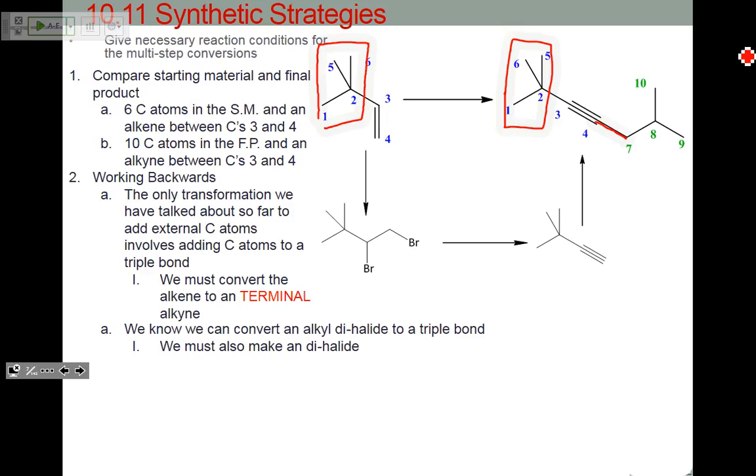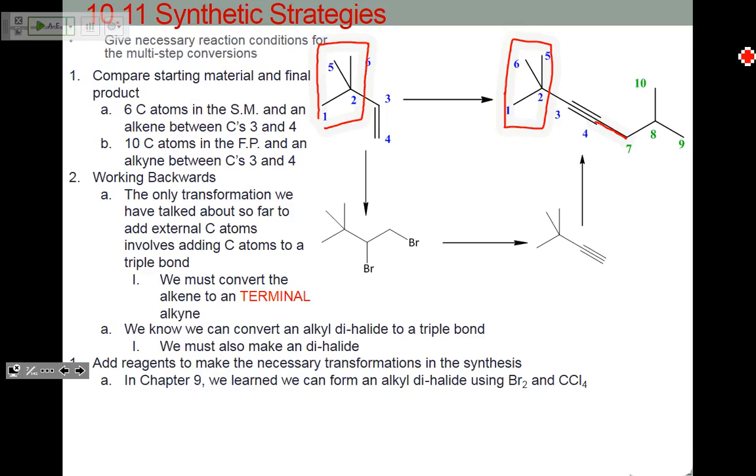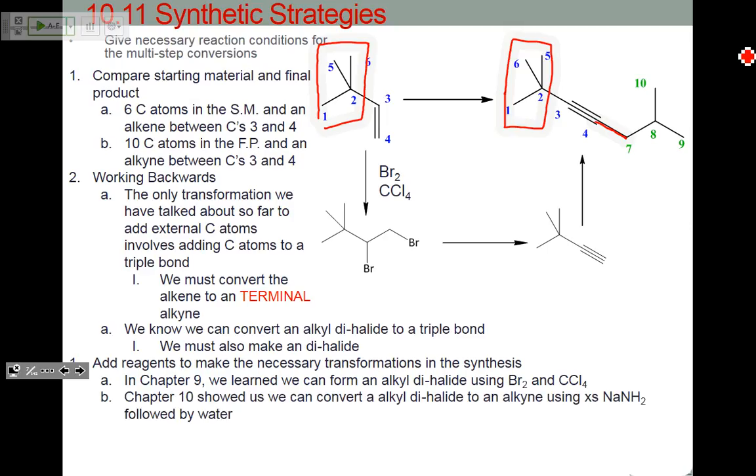So putting in our reagents, we can get to our Br2 compound by reacting Br2, and usually we use a non-nucleophilic solvent like carbon tetrachloride. And now we have our 2 leaving groups, and we have 2 beta hydrogens. This hydrogen's beta to this bromine, this hydrogen's beta to this bromine, so we can deprotonate those. And we can form our triple bond, but to do that we need our strong base.